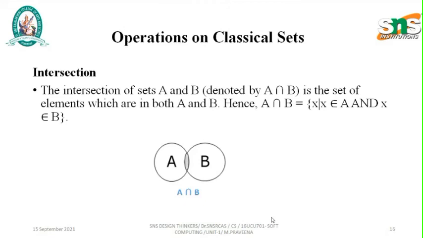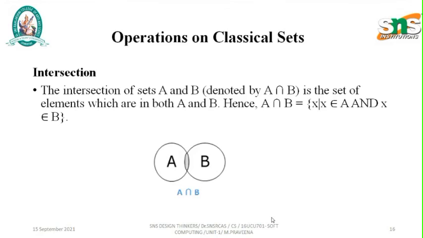A intersection B is the set of elements which are in both A and B. It is represented by the intersection symbol ∩. The elements present in set A and also in set B form the intersection.